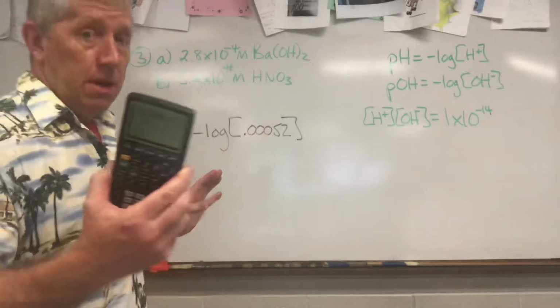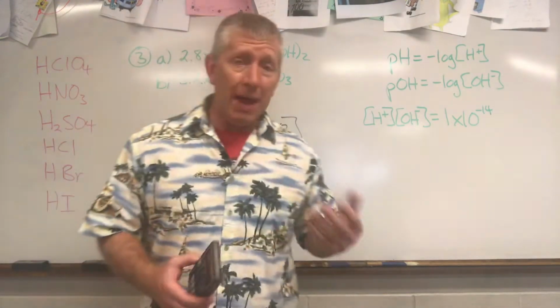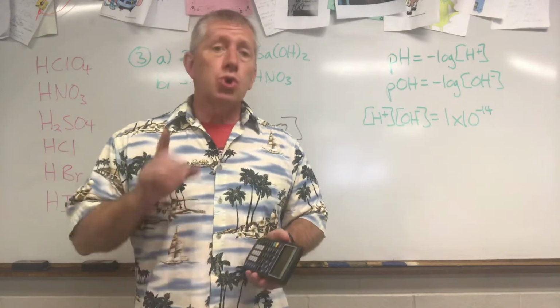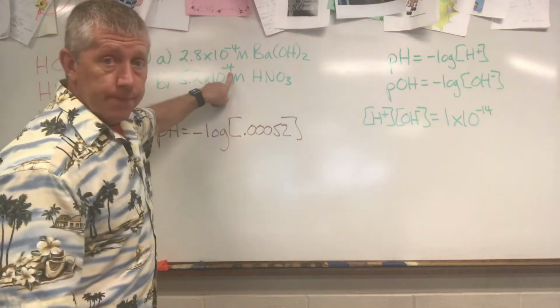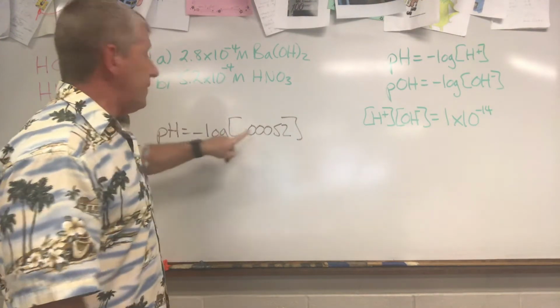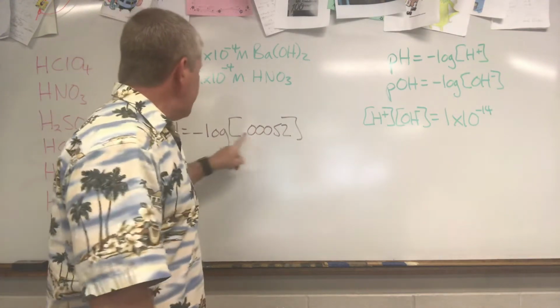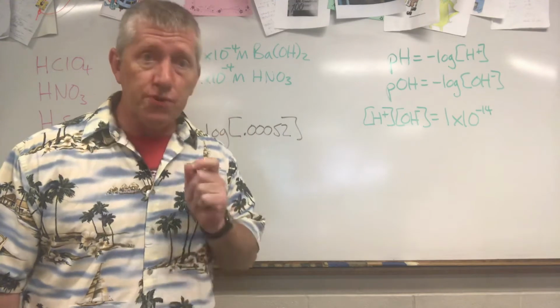Now, before I do that, I want to point something out. Logs are exponents. You don't have to know this, but logs are exponents, base 10 exponents. So the exponent here was 4. When I logify that, I should get an answer somewhere close to 4.